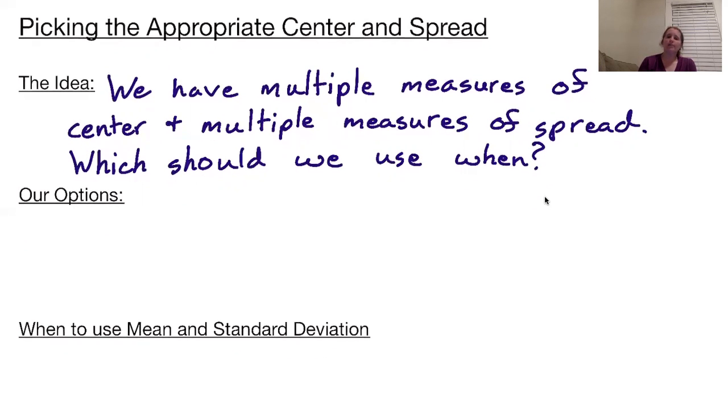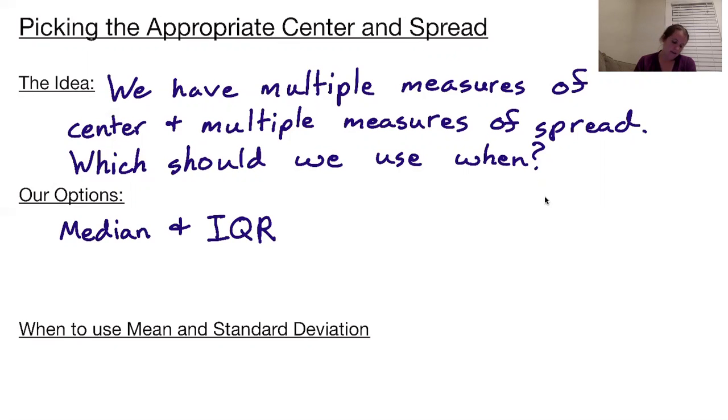So our options, we had our median, which we paired with our IQR. So our median was our measure of center, and our spread was our IQR.